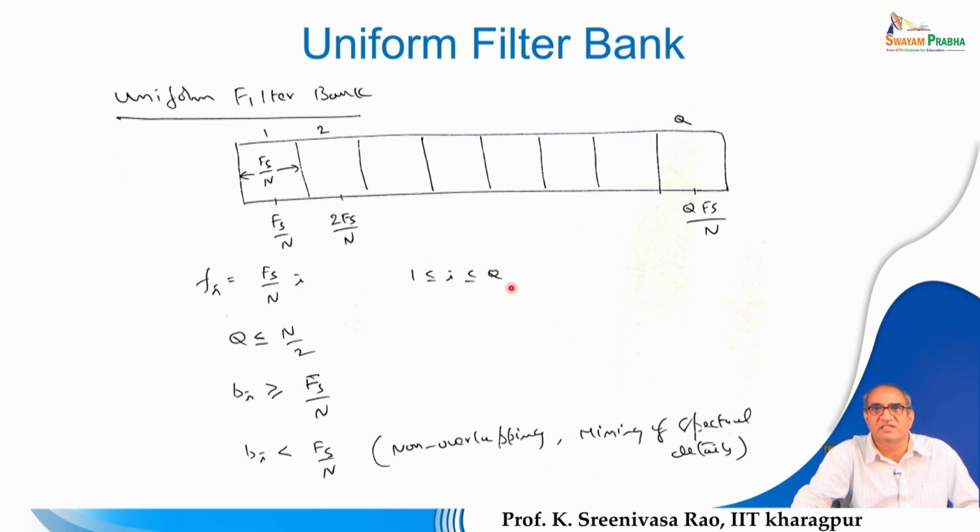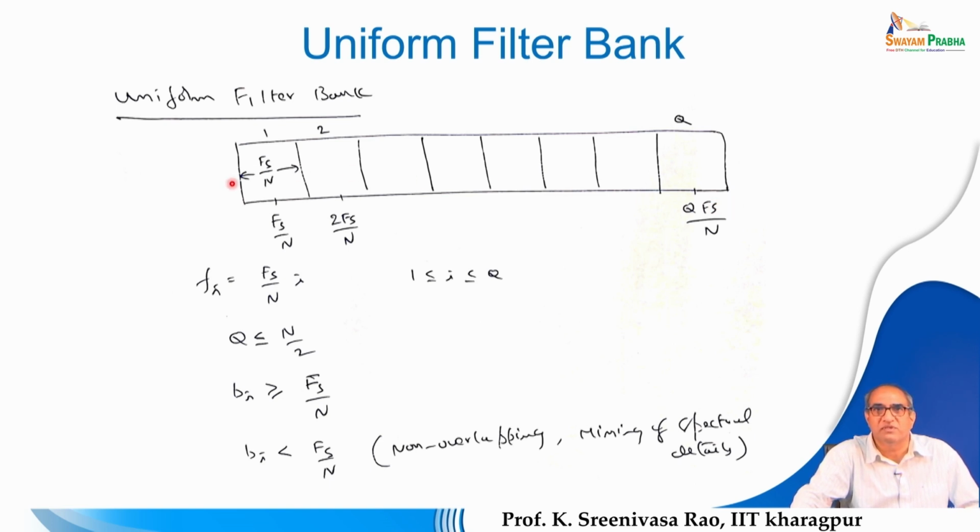The number of filters will be Q, and Q will be less than or equal to N by 2. If Q equals N by 2, the frequency range we are considering goes up to the sampling frequency Fs. Sometimes we need not analyze frequencies up to the sampling frequency, because this is not for perceptual purposes.